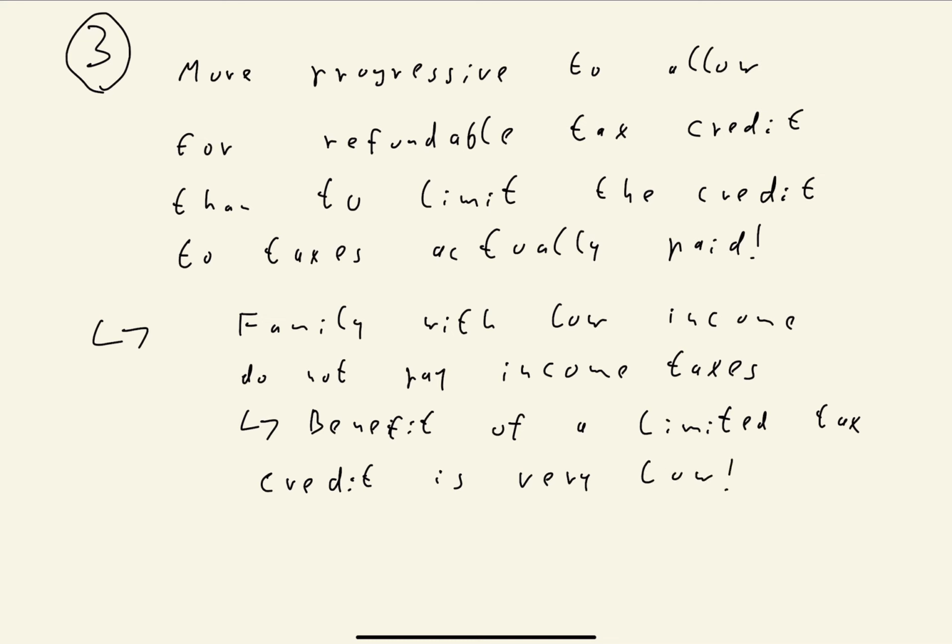The idea is that this tax credit will mostly benefit individuals who have high income, because they pay high income taxes, and the fraction of income taxes relative to other types of taxes that they pay is substantially high. Therefore, if you only allow this to be limited to the amount of taxes that you paid, poor families could not benefit from this refund compared to families who have a high income.